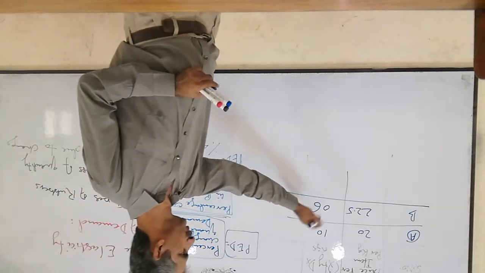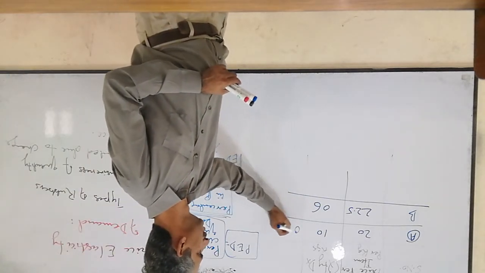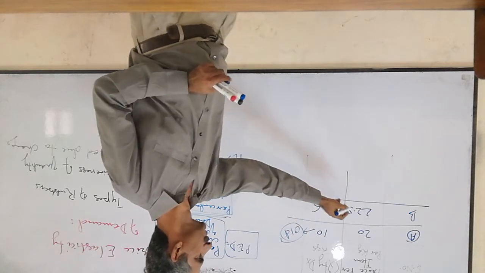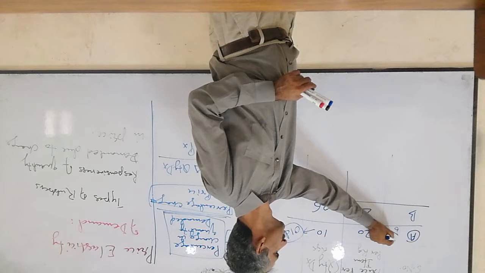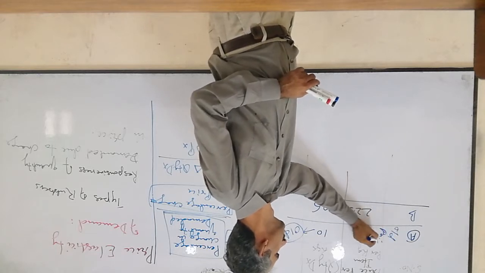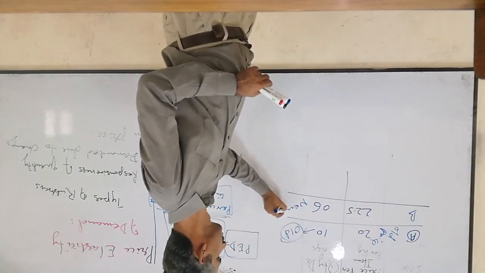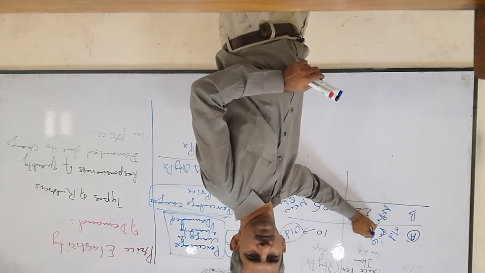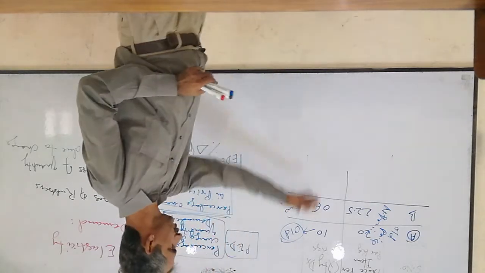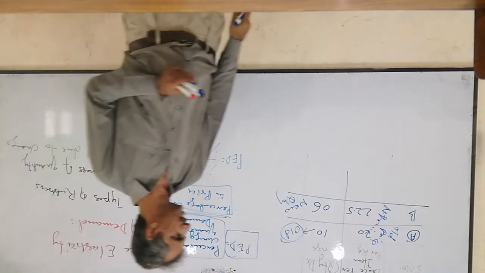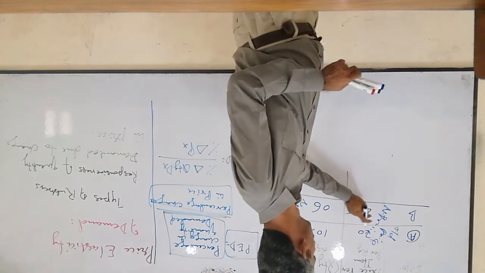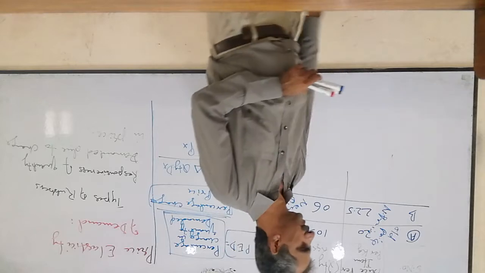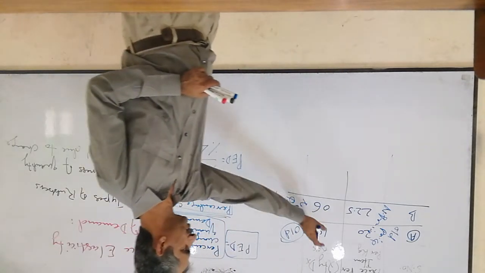So this is the formula. We treat these as the old figures: this is the old quantity, and this is the old price. This is the new quantity, and this is the new price. We can simply observe that the prices are not in percentages.